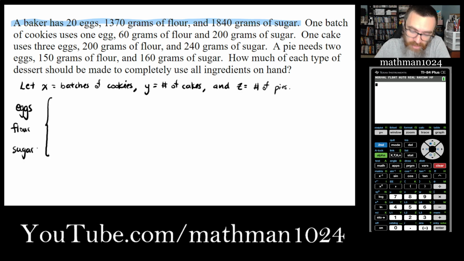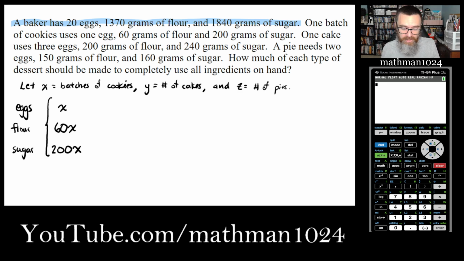So one batch of cookies uses one egg. So that means for the eggs, you'd have just one for the eggs. But it uses 60 grams of flour, so that means you'd have 60 grams times the number of batches of cookies, and 200 grams of sugar, so 200 times x. So that is a column that is specific to the ingredients for a batch of cookies.